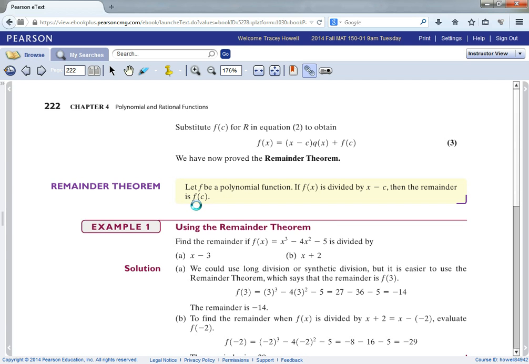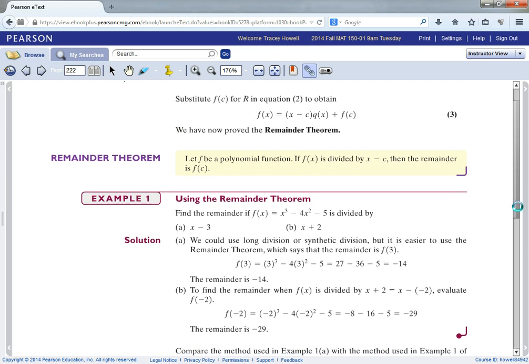Okay, so whenever you want to use the remainder theorem, you're wanting to divide a function by a little linear factor. But instead of literally doing the division, you're going to plug c into the function and get the function value, and then this theorem says, hey, guess what? That function value is the remainder.